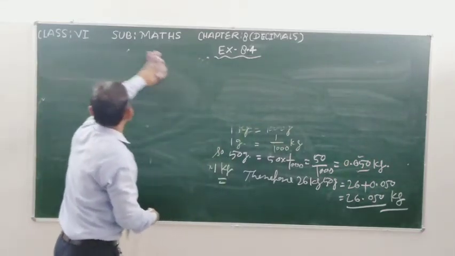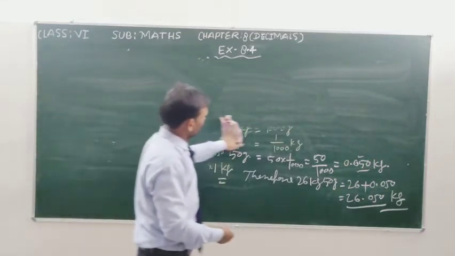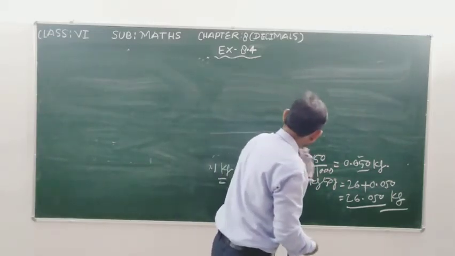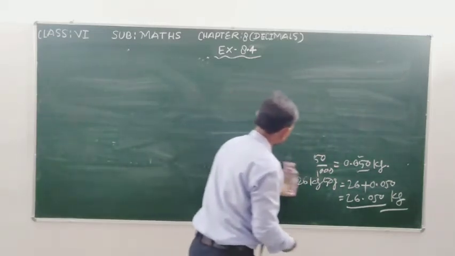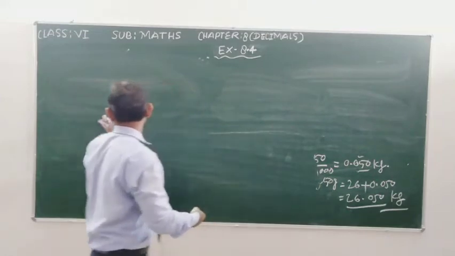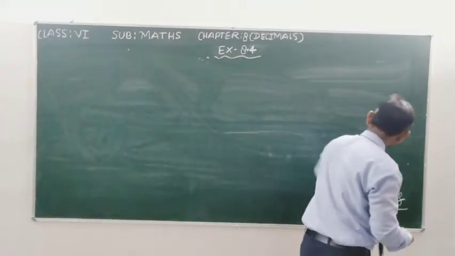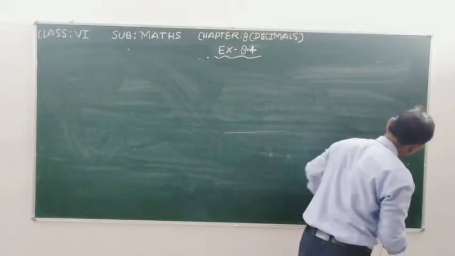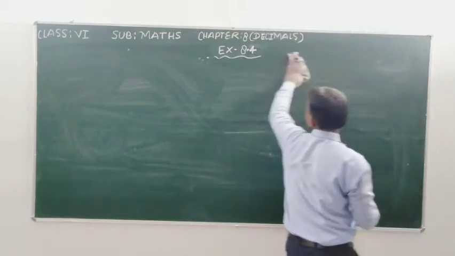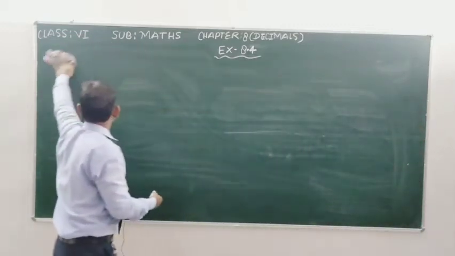And exercise 8.5 is related to addition of the decimal numbers. Decimal number के एज पर totally depends addition of the decimal number.